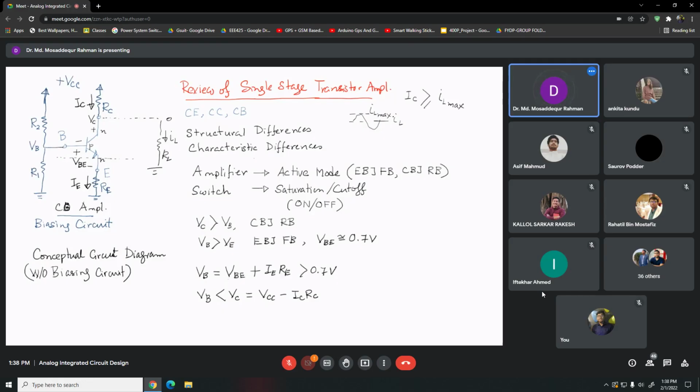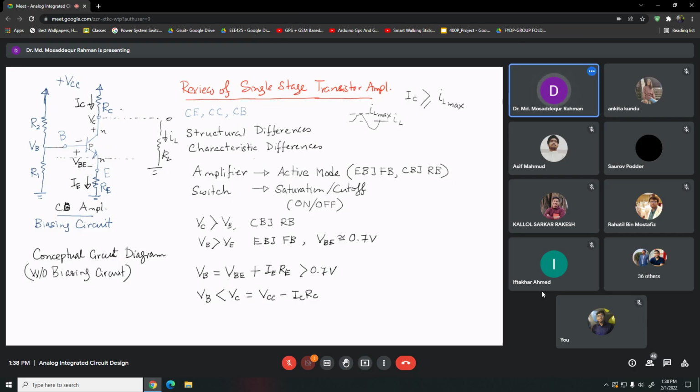Otherwise, you have biased the transistor in the active mode, that is okay, but your transistor will not be able to supply the required current to the load. And when the load current tries to exceed IC, the transistor will turn off. So that is one requirement you need to satisfy.